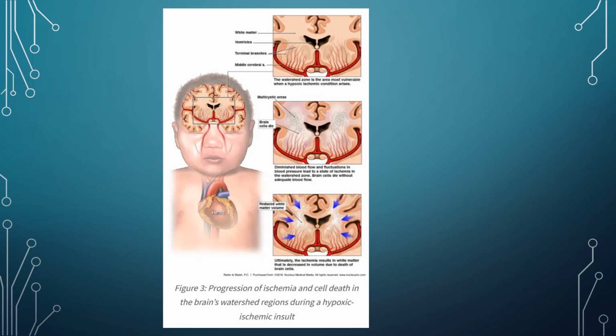Remember those, that's the communication area that has to do with motor function and movement. And if that all gets damaged permanently, then you have lack of control of movement there. This type of injury would be uncommon in the adult population, but we see it in infancy.